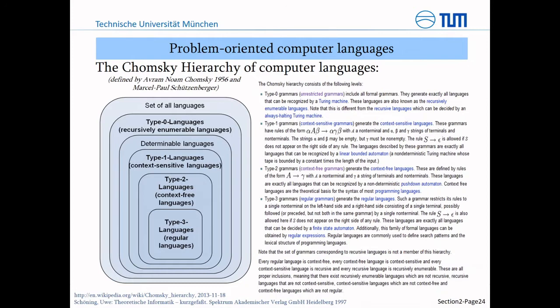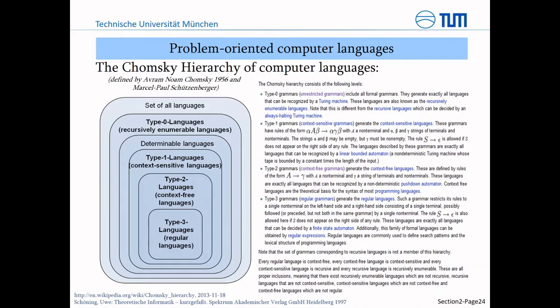Type 3 is with simple state machines, type 2 is with stack machines, type 1 is with memory, and type 0 is also with memory, so that you have these Turing machines.